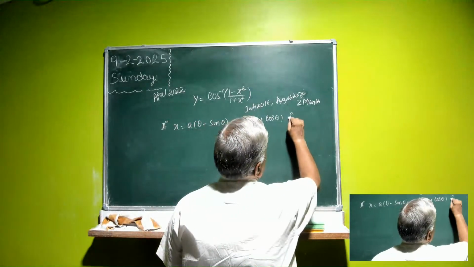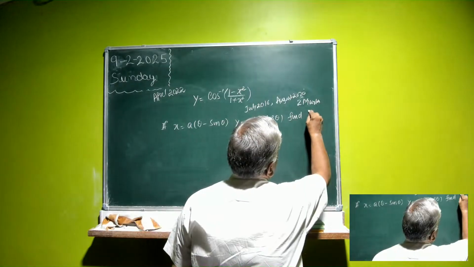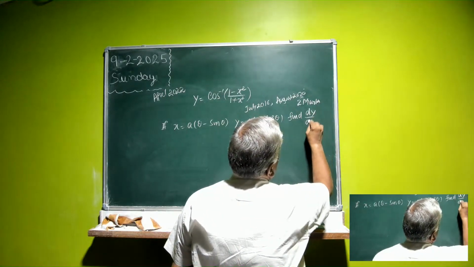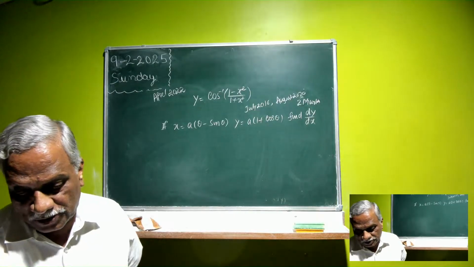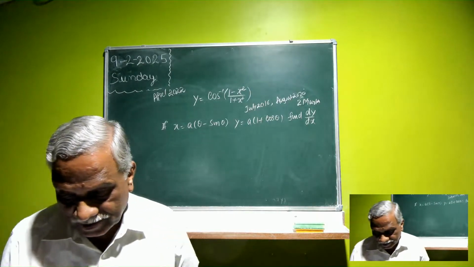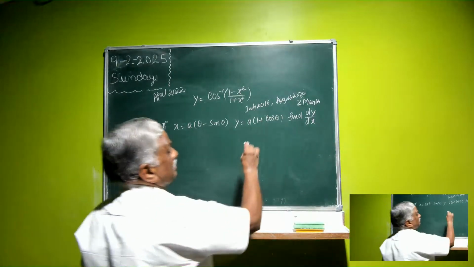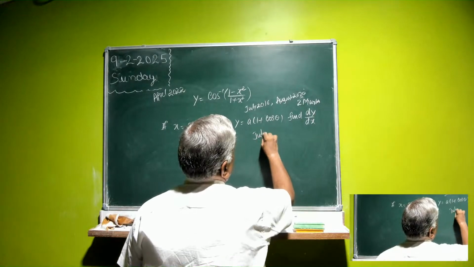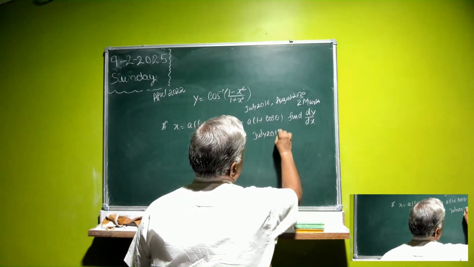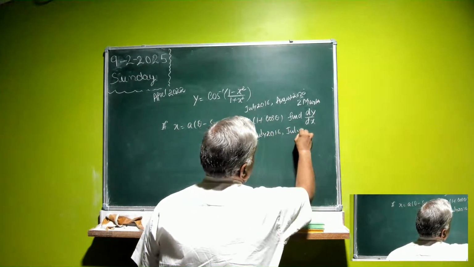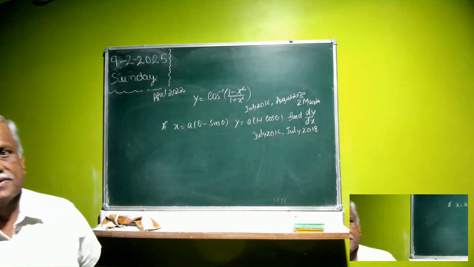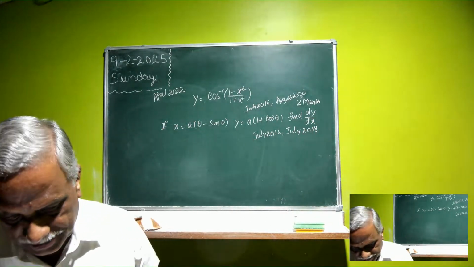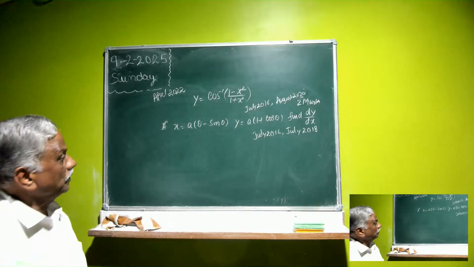Here also they have not asked you to prove something. They only said dy by dx. The same question was asked in July 2016 and July 2018, and I worked it out. So I will just move on to the next question.